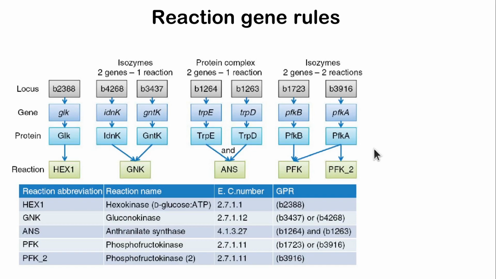So we could, for instance, have a reaction where we either need B3437, or the combination of B1264 and B1263. So none of these would individually be necessary, but B3437 would be sufficient alone. B1264 would not be sufficient alone because it needs B1263 to work as well.